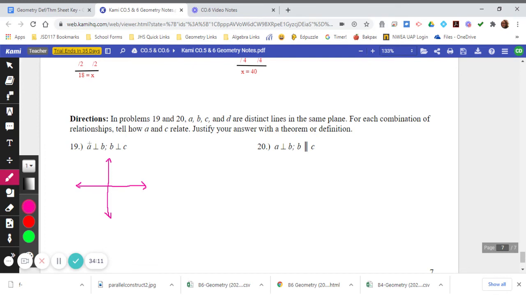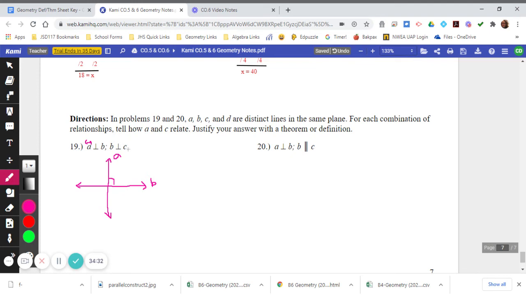And I apologize that all my notation disappeared. There should have been arrows on the top of all of those to say that they're actual lines. But I'm going to mark this one as line A, and this one is line B, and those are perpendicular.